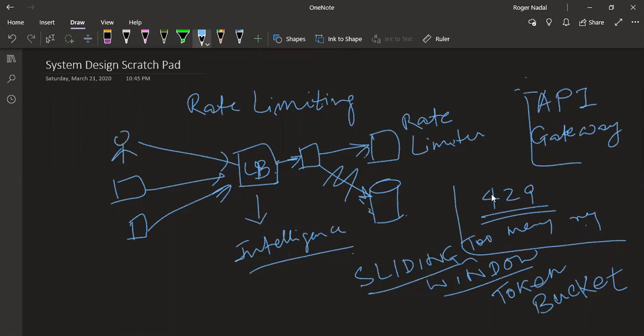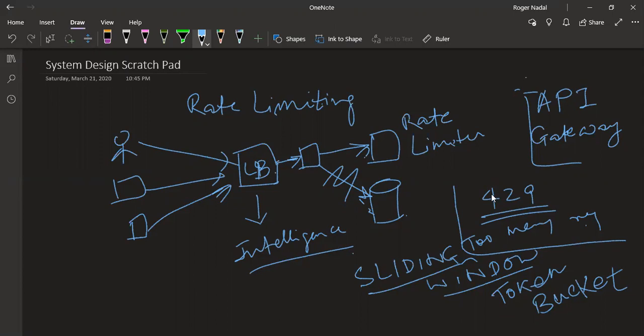Now I want to go to, before starting on replication, because that's complex, let me try to go to some... Could we just quickly talk about the sliding window or token bucket? Not in depth, but at a high level.